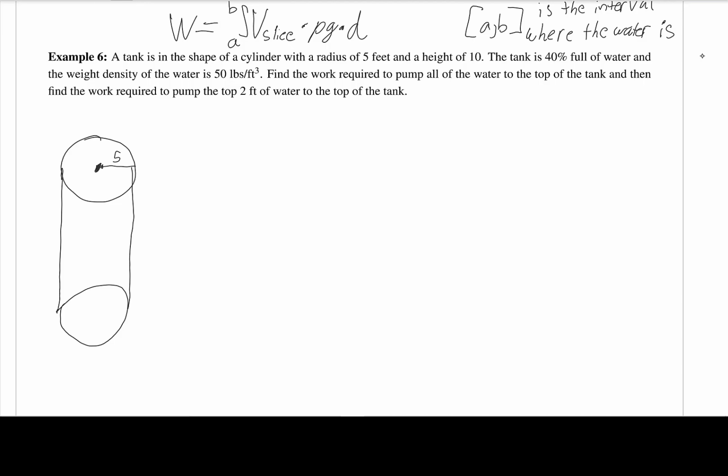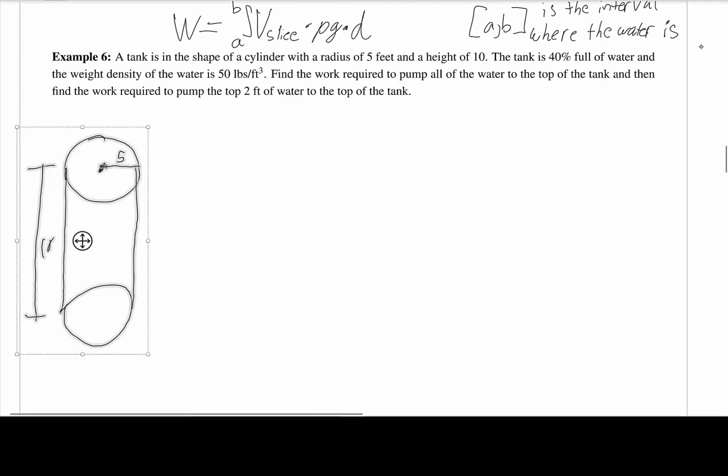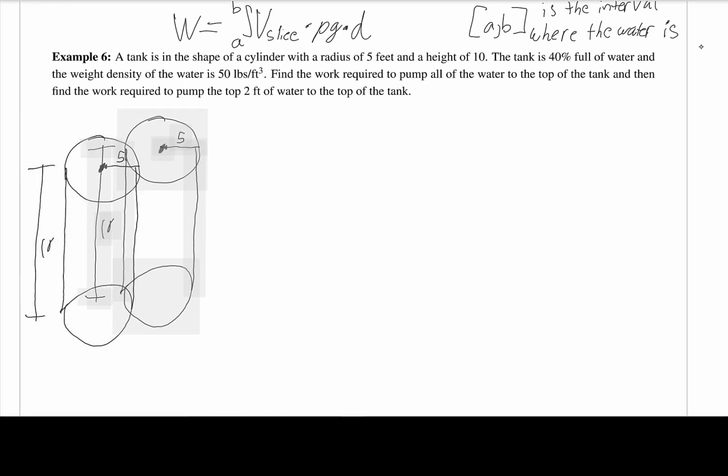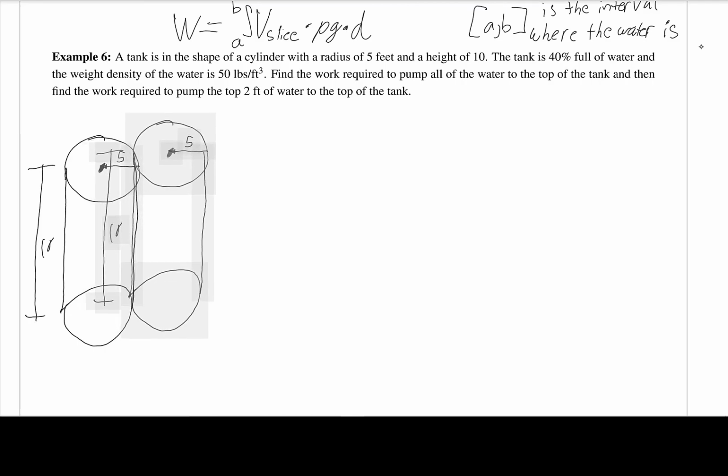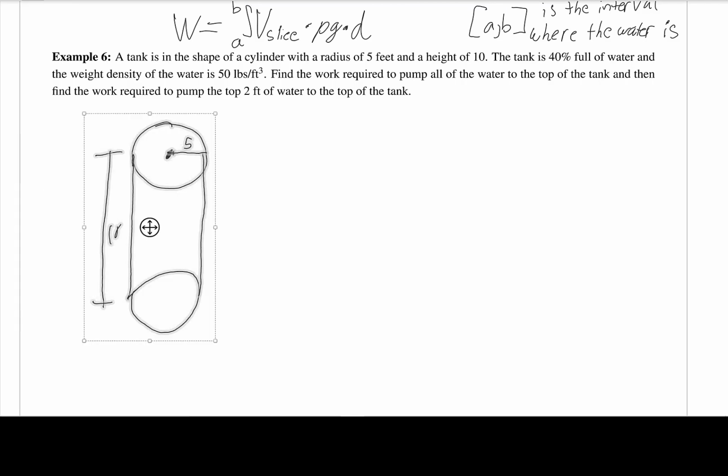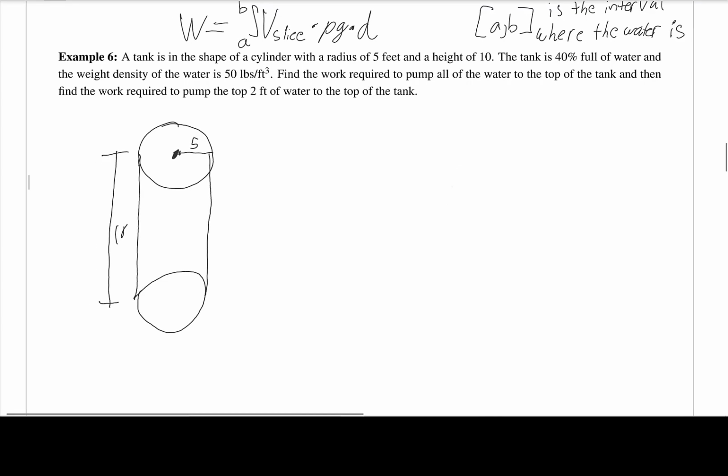Okay, it's got a radius of 5 feet, and it has a height of 10 feet. So all I'm trying to do is just get a picture going so we can see what's going on. And I'm going to give us a little bit more room over here. So let's move this over to the side a little bit.